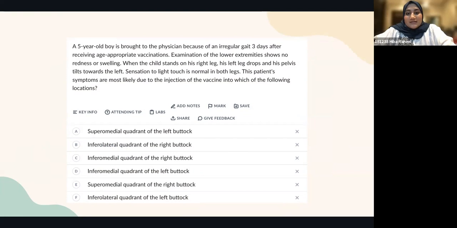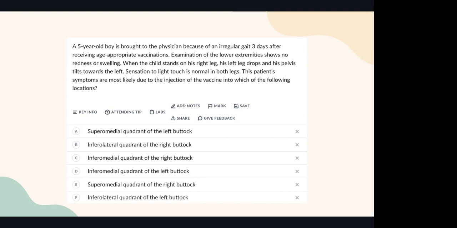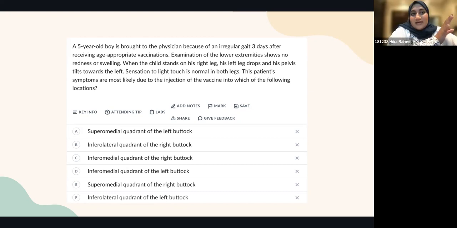Yeah, they're asking why the patient's symptoms are most likely due to the injection of vaccine into which of the following locations. They're saying that they inserted the injection in which location? The incorrect injection. Where did they insert it? They inserted it into the superior medial place. Do you get me? They inserted it too deep, something like that, and that damaged the superior gluteal nerve, because it runs in the superior quadrant of the buttocks.